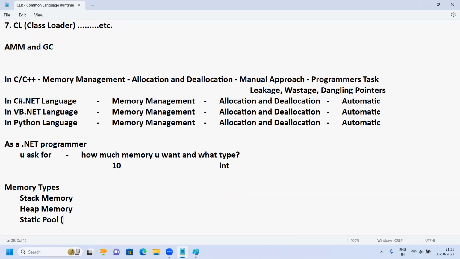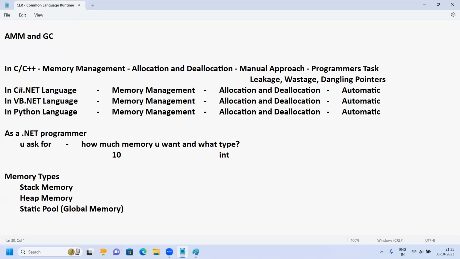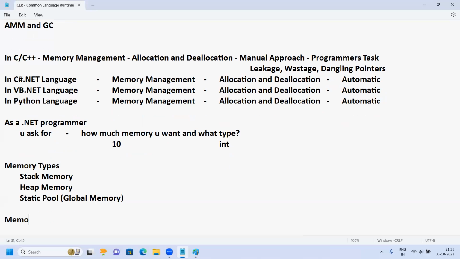Three: stack memory, heap memory, static pool. That is called what? Global memory. Who will communicate with all these three memories? .NET. .NET will do. You don't need to say anything. And this is about memory type. Acha, deallocation. This is about the allocation part.